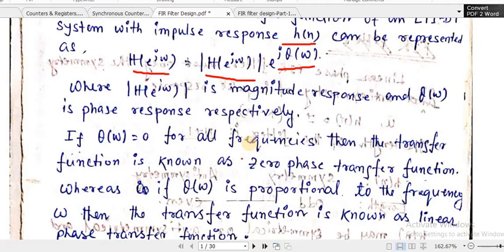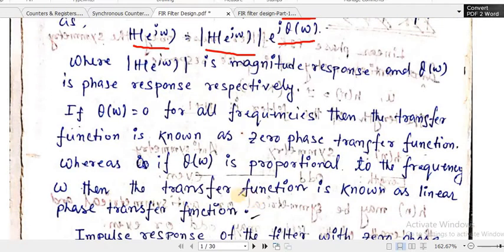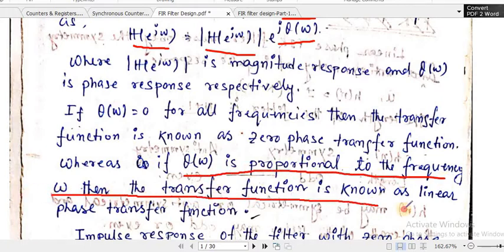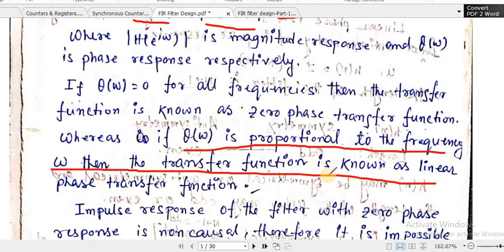So in a linear phase system, this θ(ω) is proportional to the frequency ω, and then the transfer function is known as linear phase. If the phase response changes linearly, we can say this kind of system is a linear phase system.